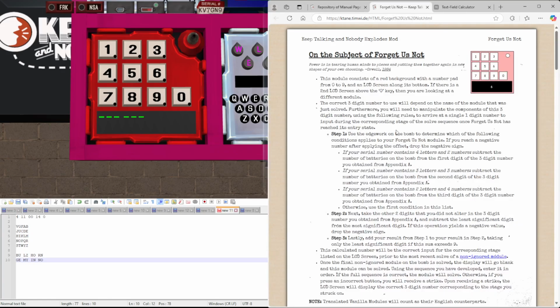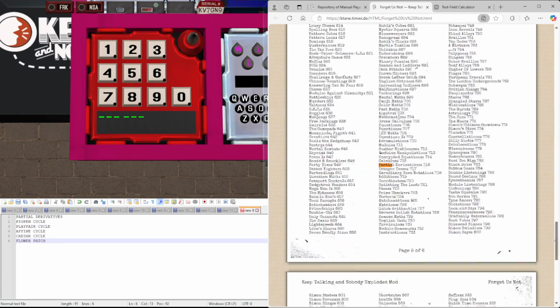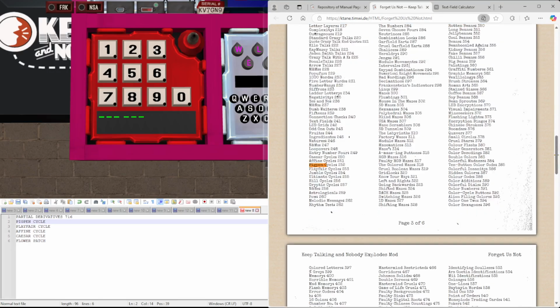Then we have, so let's find it for these. Partial derivatives, 716. Pigpen, Cycle, these 252.